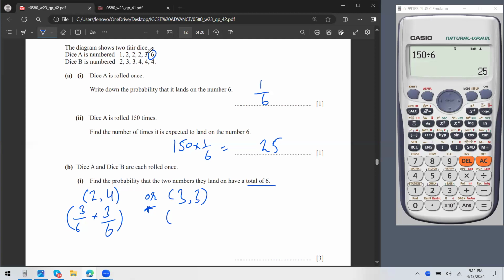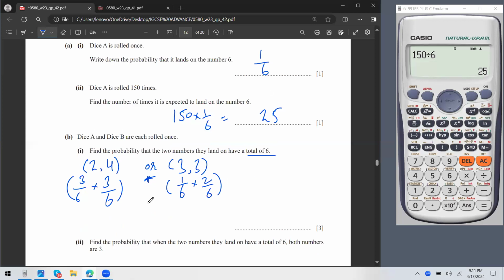First one being a 3 is 1 by 6. There is just one 3. Second one being a 3 is 2 by 6. All right. Now you just need to simplify. 9 by 36 plus 2 by 36. So that is 11 by 36.